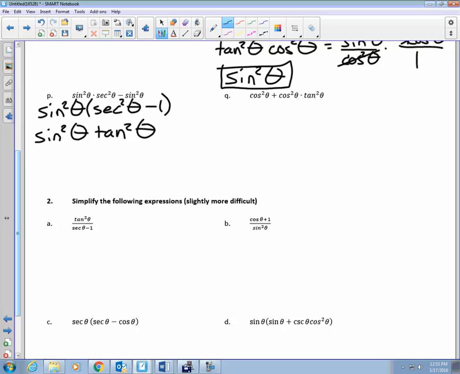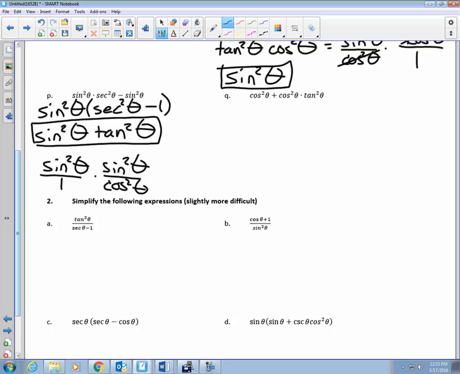Wonder if something would cancel for that. Doesn't look too good, does it? So this really doesn't simplify, so it looks like this is about as good as it can be.